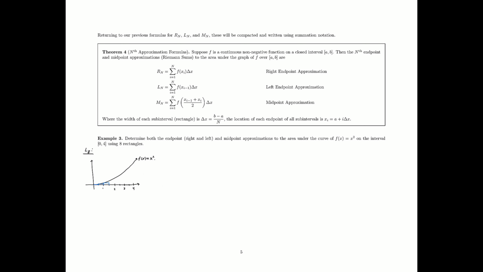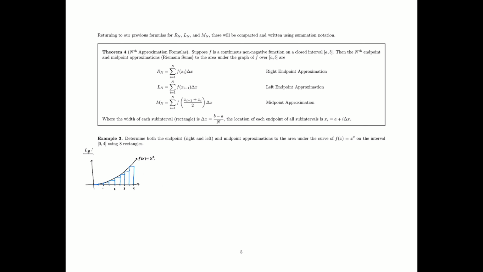The next rectangle will have a height of f of 1.5. Next rectangle will have a height of f of 2. Next rectangle will have a height of f of 2.5. And I think you get the picture. There's a picture for our L8.